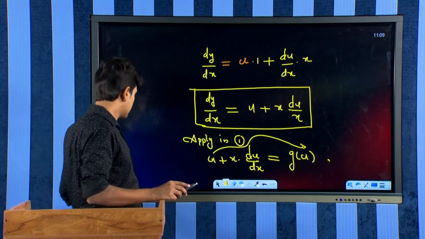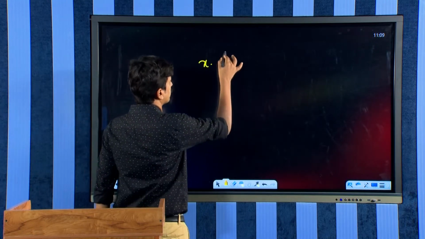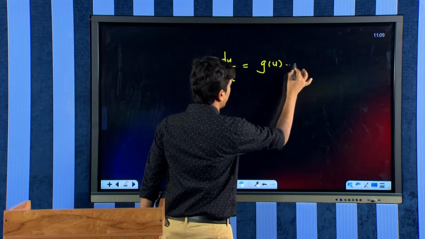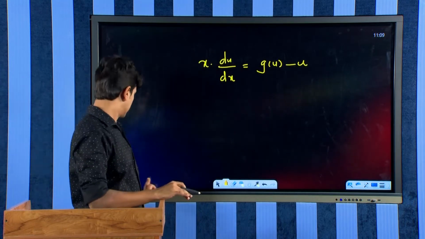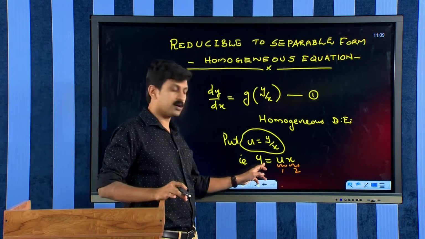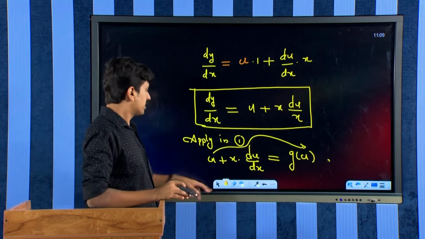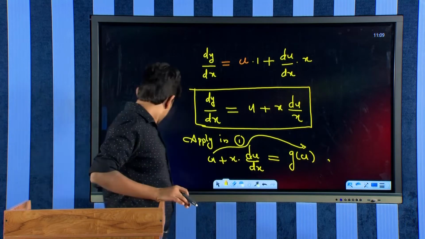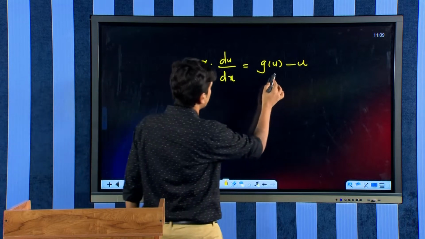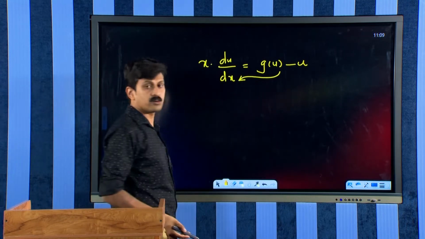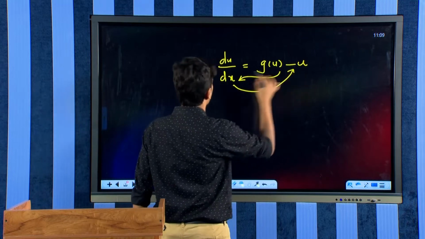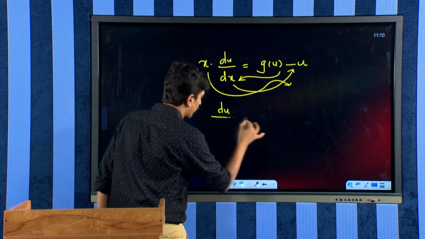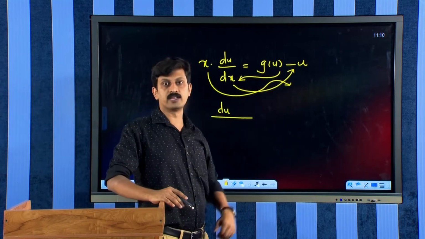Therefore, x into du by dx is equal to g of u minus u. We take g of u minus u to the left and dx to the numerator and x to the denominator. So, we will have du divided by g of u minus u.